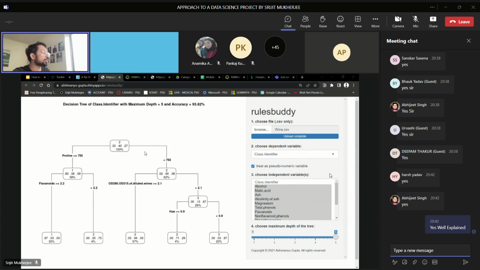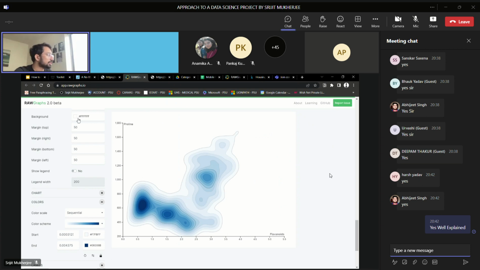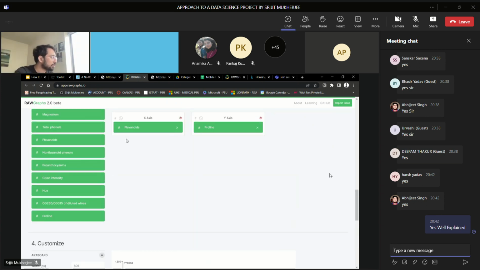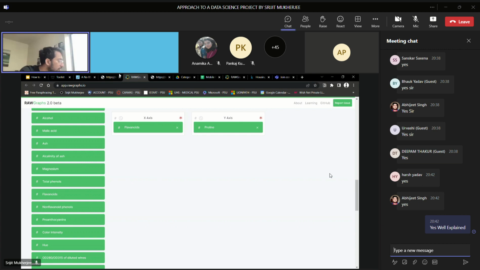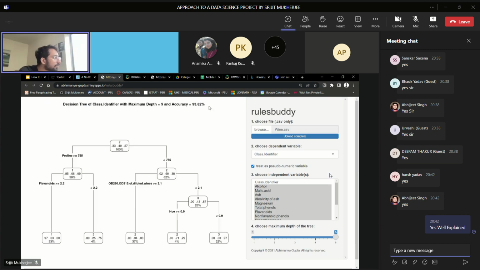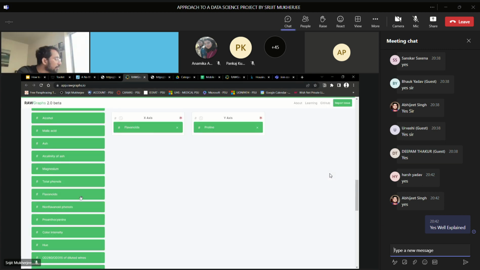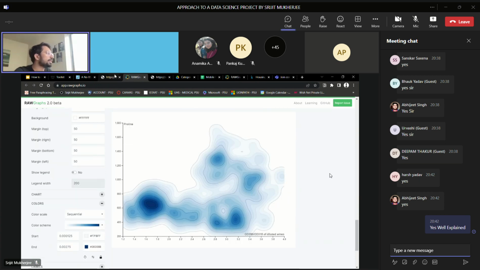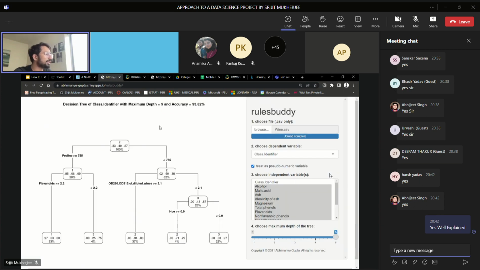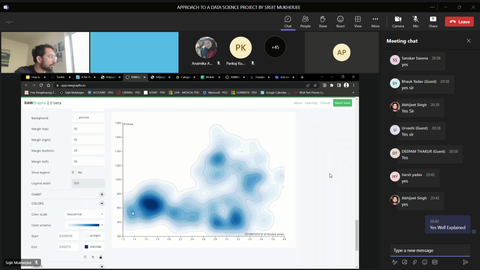And then now you need to see proline and diluted wines together. Let's check proline and diluted wines. For proline less than 755 and diluted wines greater than or equal to 2.1, it's 2.